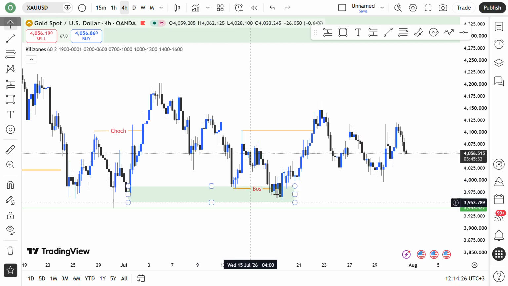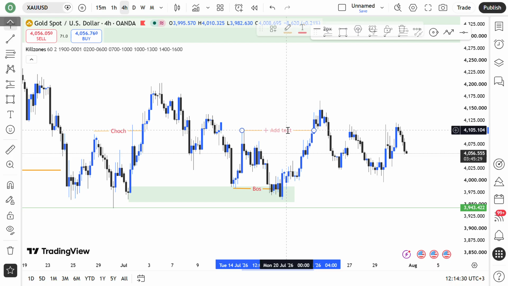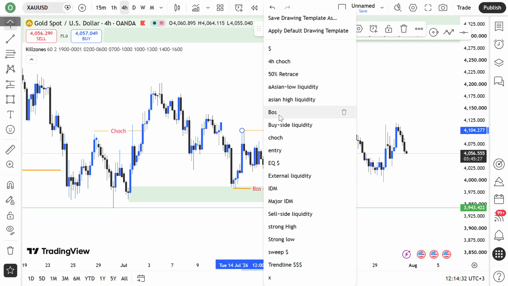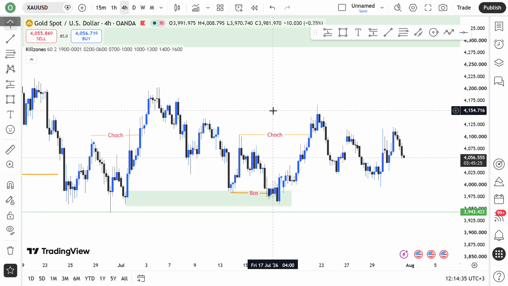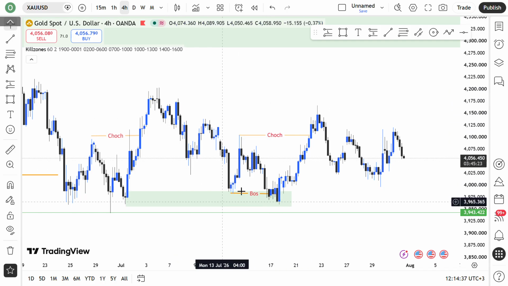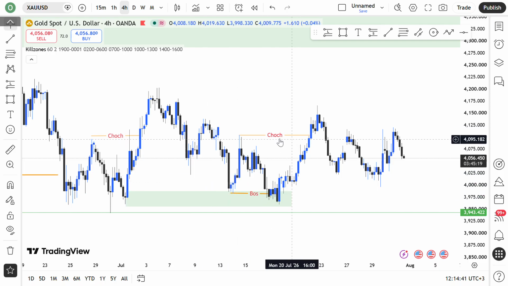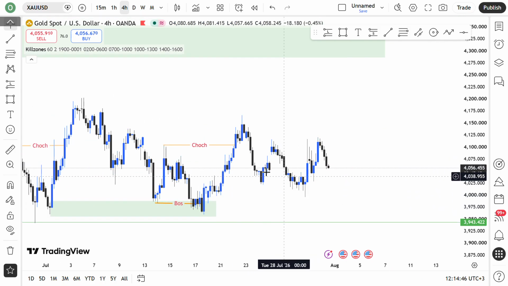After price traded into this area, we can see clearly that we now have this change of character from a 4-hour time frame, meaning that these short-term sales are over, and now we are looking for price to give us a confirmation from this area to find the buys.